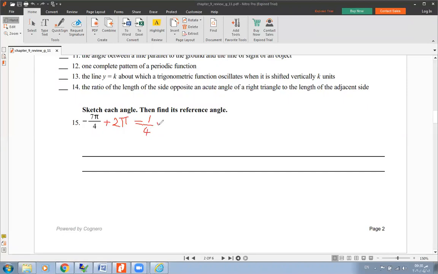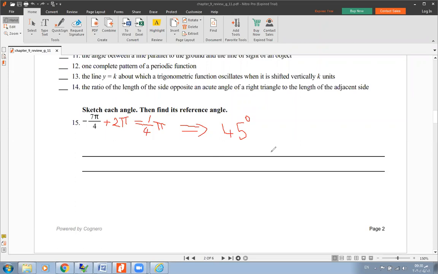Okay, again. If I have a problem like this, we just add or subtract to get the coterminal angle. We add 360. 360 means 2 pi, because pi means 180. So 2 pi plus negative 7 pi over 4 equals pi over 4 by using your calculator. If you change it into a degree measure, it will be 45. So I need to graph 45.